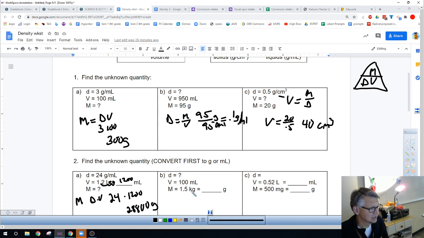Density is equal to mass divided by volume. We're in kilograms, so we need to get to grams. We're going to move that to the right 3 times. So we can move 1, 2, 3, fill in our zeros. So we have 1500 grams. Excuse me, I did that wrong.